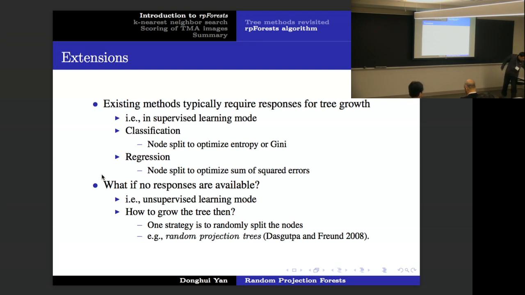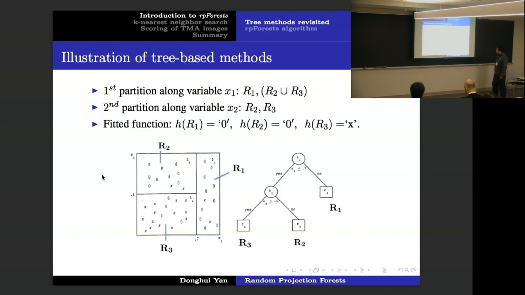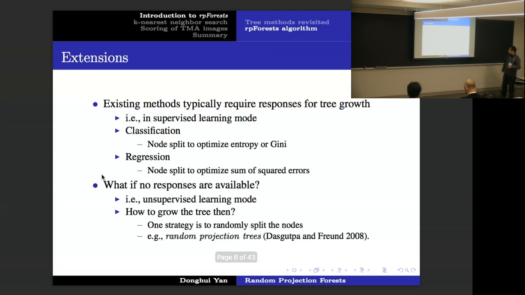From this tree construction, you can see that at each tree split, it actually uses some information from the label, from the response variable. So you will probably wonder, what if you don't have those labels? Or in other situations, what if the labels are very noisy? What are you going to do? You want to figure out a way for this unsupervised learning mode.